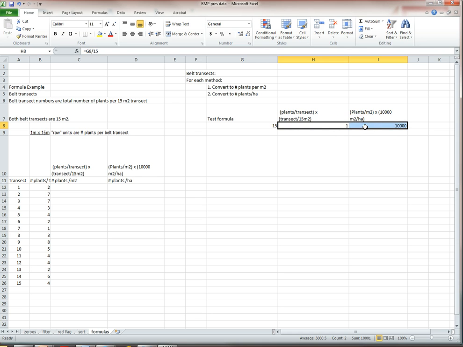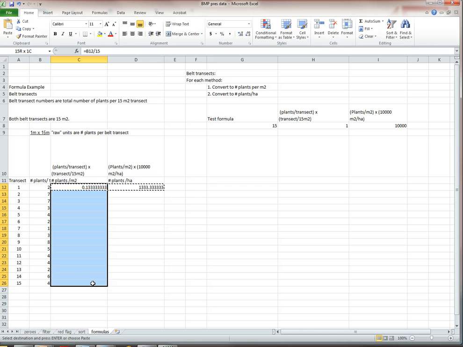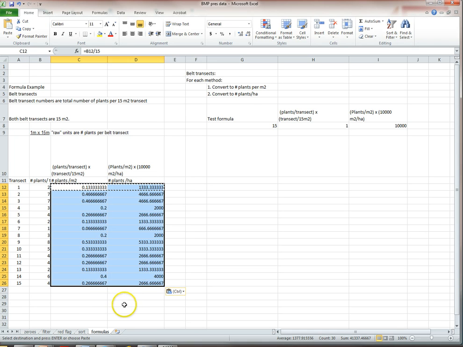So now I can copy these formulas over here, copy them again down here, and now I've converted all of my measurements into units of the number of plants per meter squared and the number of plants per hectare.